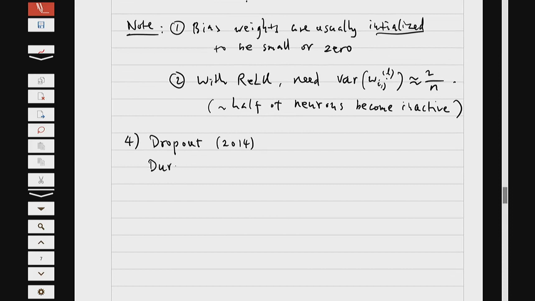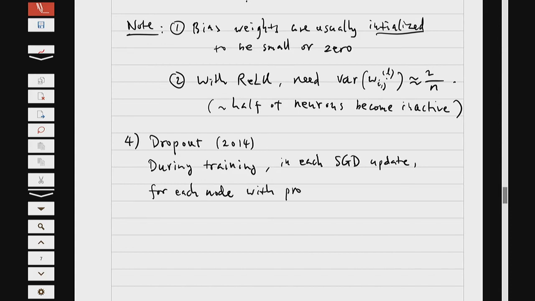So during training, in each of the SGD step, update, and then for each neuron, including the input nodes as well. So let's say for each node, with probability, say rho, set its output to 0.